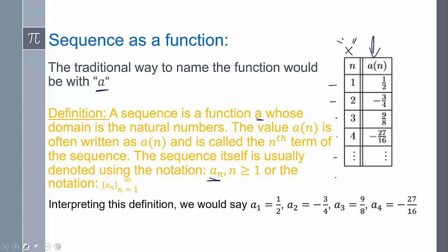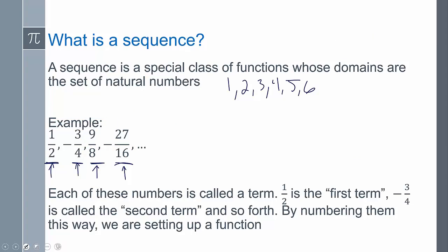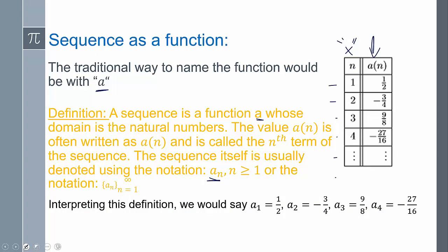I guess a better way of thinking of it is, instead of writing out the terms like I did in this previous example here, we could actually take those terms and combine them together into a formula. Now, the figuring out of that formula is going to be a journey. It's not something that we're going to know how to do immediately.